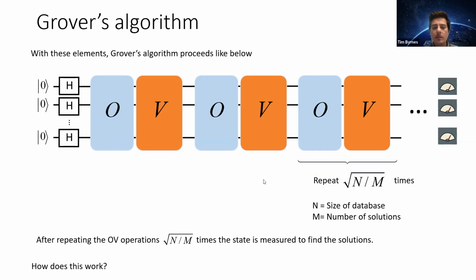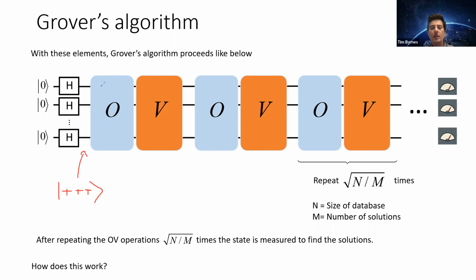So at this point, the state will be just plus plus plus. We're going to go through this in detail, but over here it's plus plus plus. And then after that, we just apply the O and the V operators.